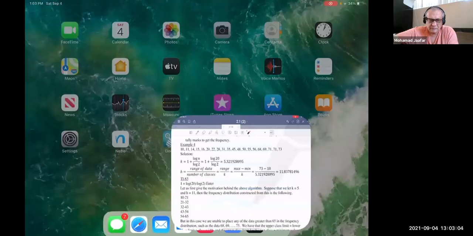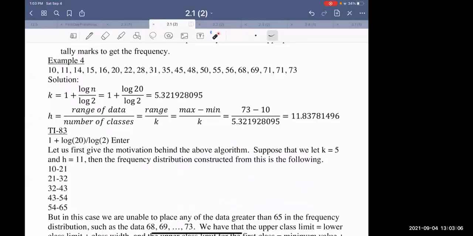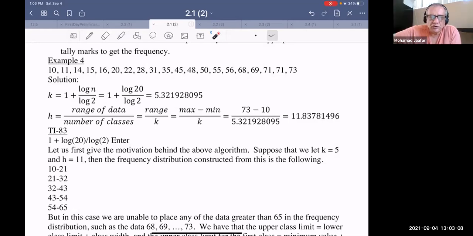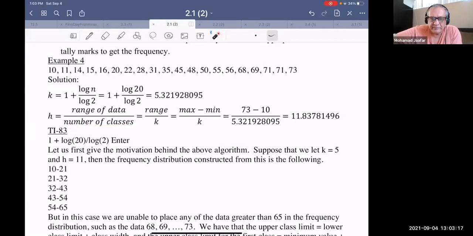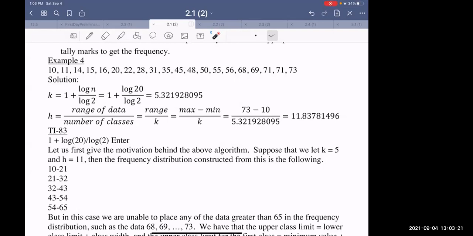Yes, okay. Now do we have to divide by the full decimal places? Does it have an impact? Say again, do I have to divide by the full decimal places? Yes, 5.3219, do the whole thing out. It's better to write everything out.